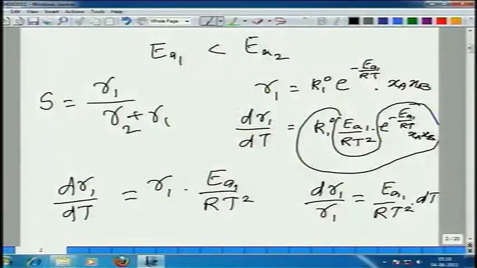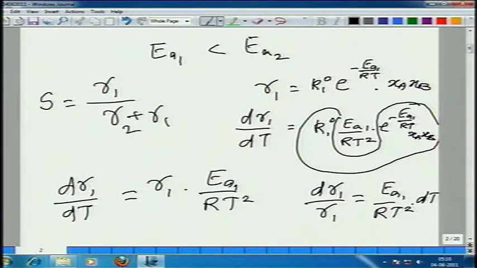Now, I know that for the side reaction the energy of activation is higher, for the main reaction it is lower. So, when I change the temperature, my side reaction is more sensitive to a change in temperature than the main reaction.